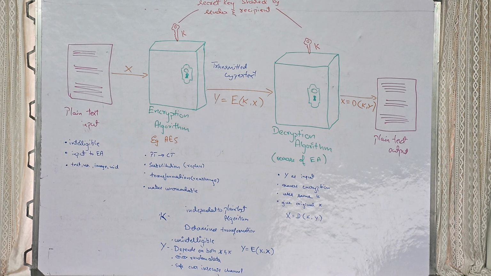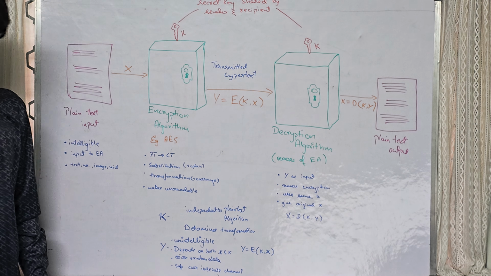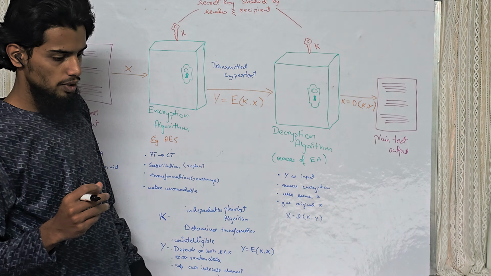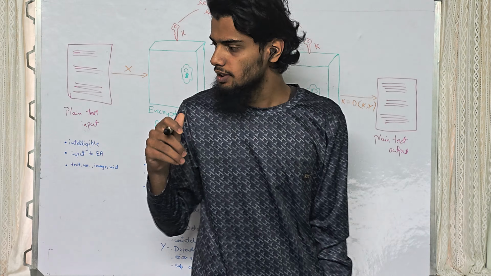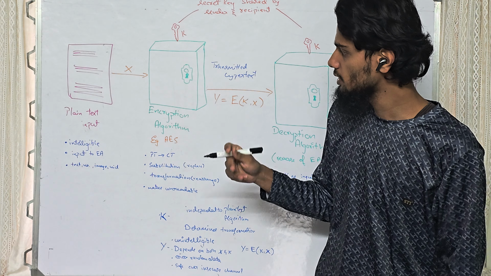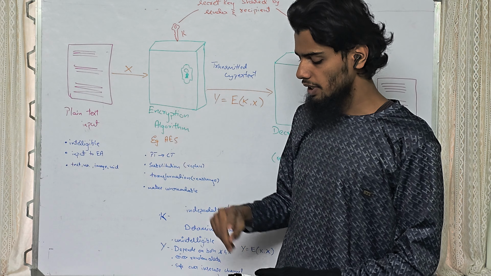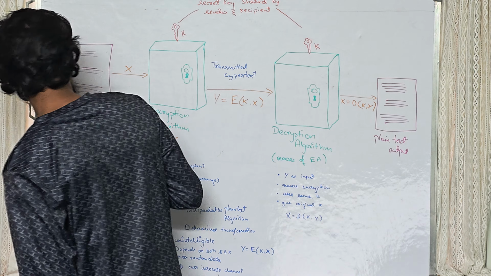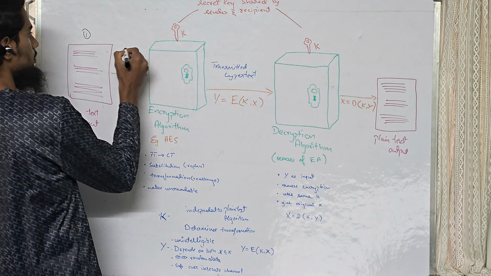First, as you can see in the image, we have the simplified model of symmetric encryption. So what happens in symmetric encryption? We have to remember 5 ingredients, and as you can see, I have drawn all 5 of them. First we have the plain text, I'll write it as 1 here.